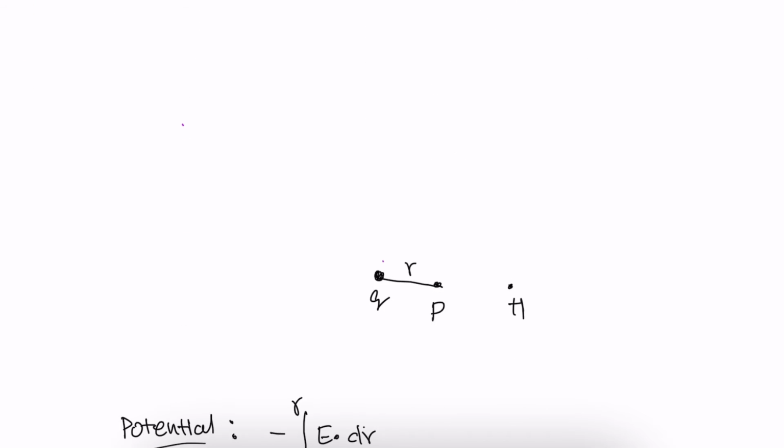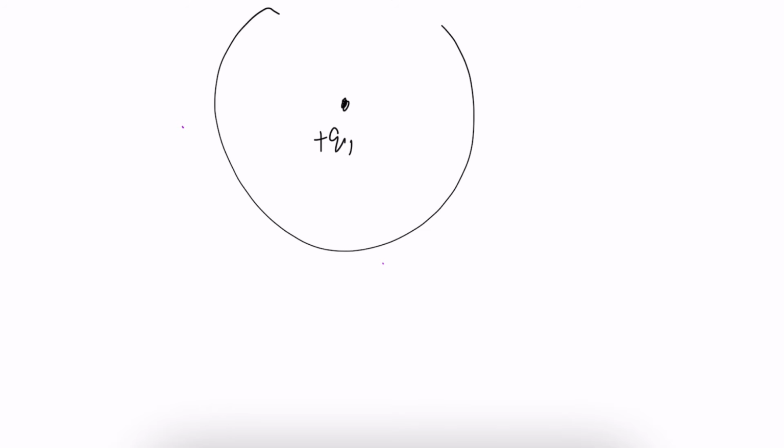So what is the meaning of this one? Suppose a charge is here, q1, plus q1. It has an electric field around it.